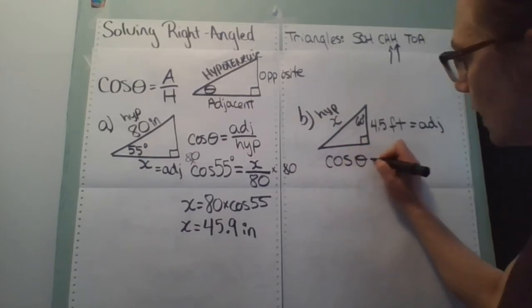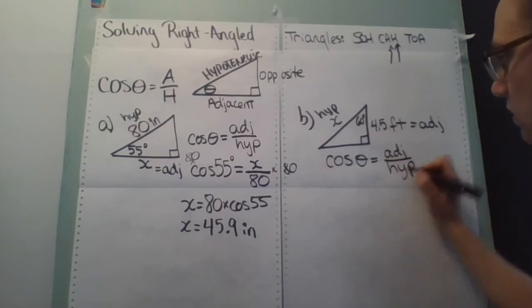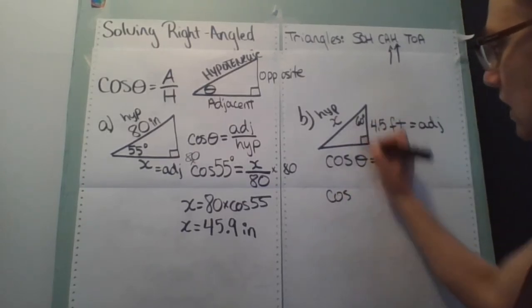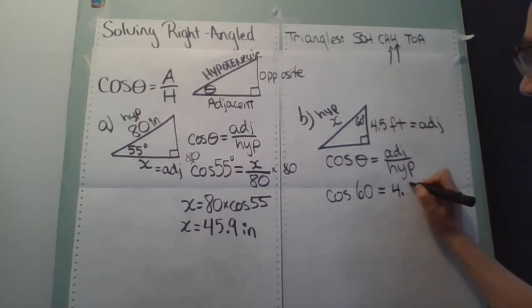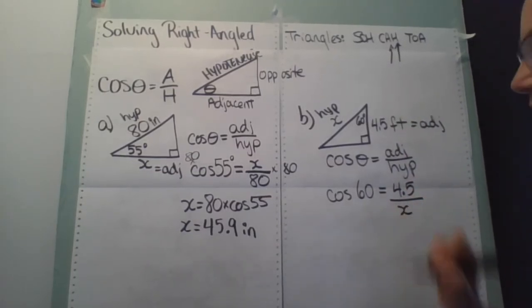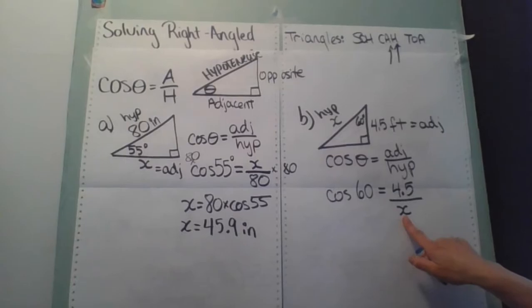So cosine angle is adjacent over hypotenuse. Cosine 60, put in what we know. Adjacent is 4.5. Hypotenuse is what I'm looking for. So simple rearranging doesn't happen right now because my unknown is in the bottom.